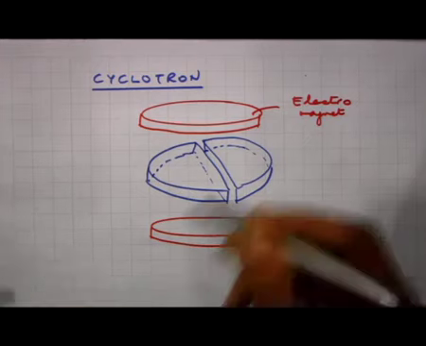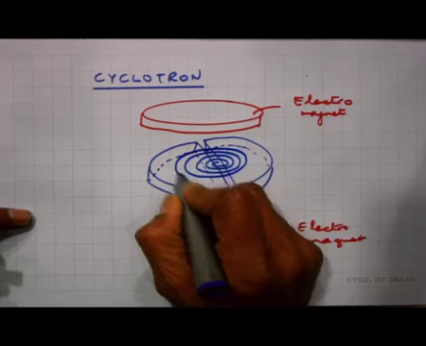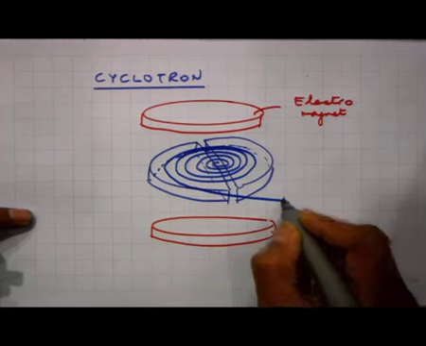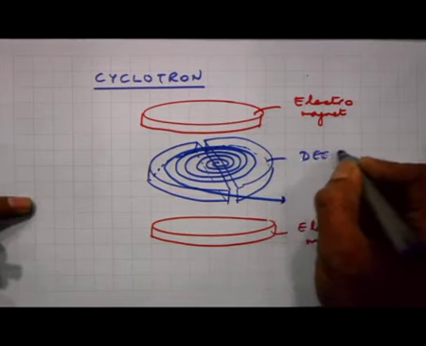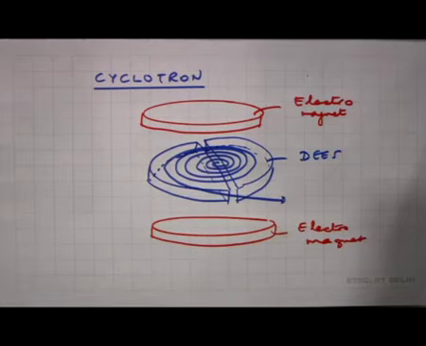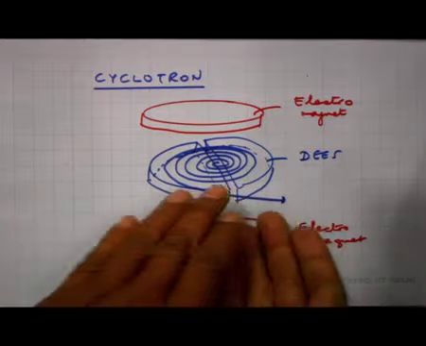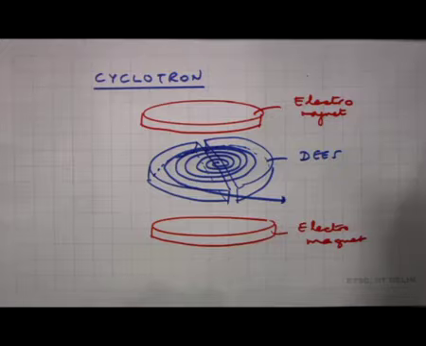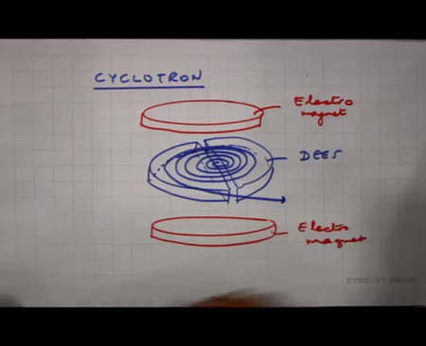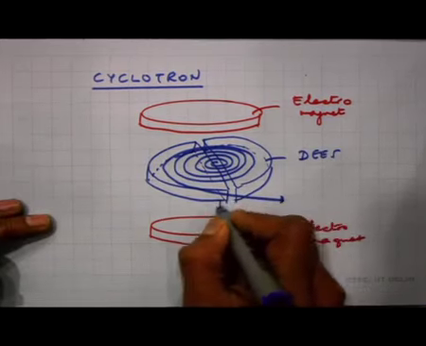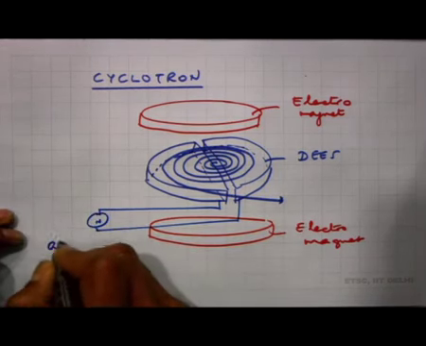Then you have a source of particles here, and the particles, as we will explain, go in a helical path like this, and come out. And these two are called Ds. They are in the shape of a D, but actually they are made of copper, and in the hollow space between the two upper and bottom copper plates, the particles are revolving around, and these two magnets create a magnetic field perpendicular to the path of the particles, and these two are connected to an alternating current source.